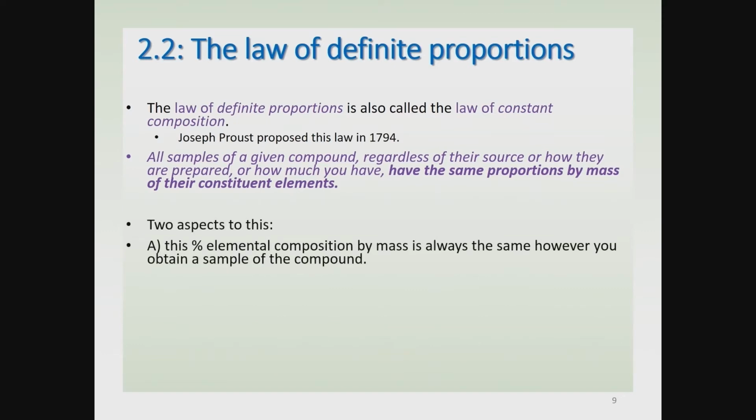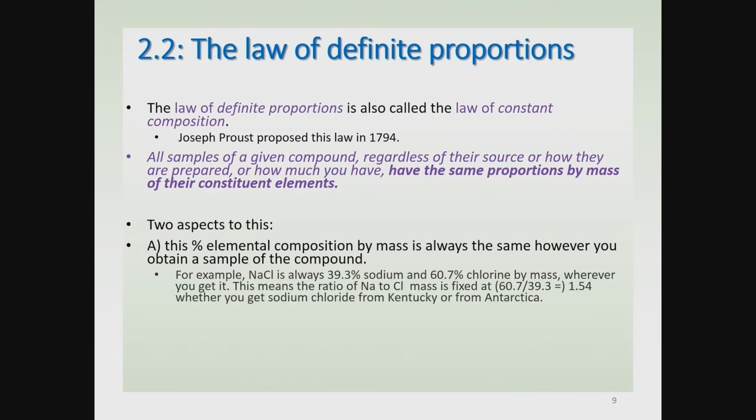So there are kind of two important aspects of this. One important aspect is that the percent elemental composition by mass is always the same for that compound, however you obtain a sample of it. So for example, let's say you get some sodium chloride from Kentucky, and let's say you get some sodium chloride from Antarctica, or let's say you get some sodium chloride from anywhere else in the world.